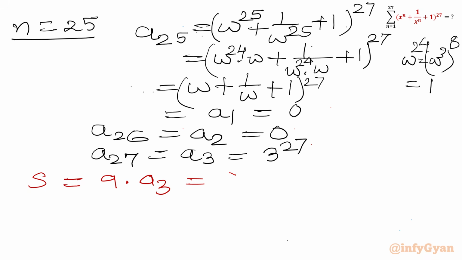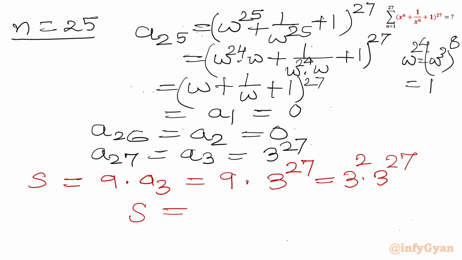So this will be equal to 9 times 3 raised to the power 27. This can be written as 3 square times 3 power 27. Using the exponent law, we will get our final answer, 3 power 29.